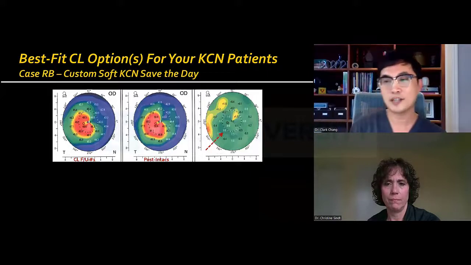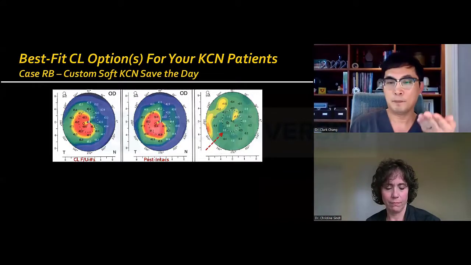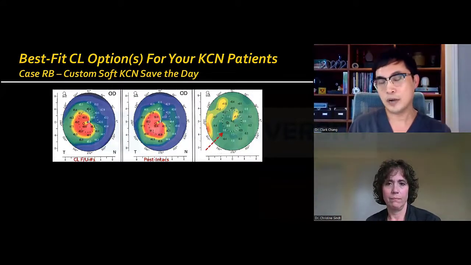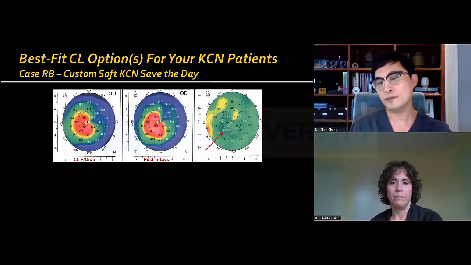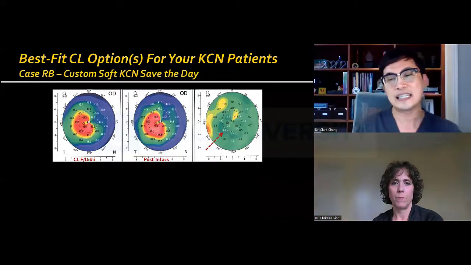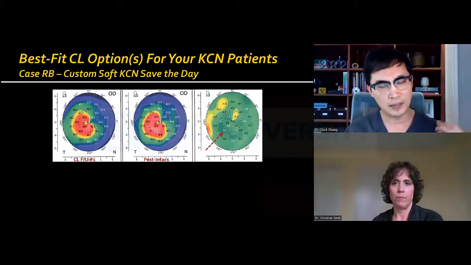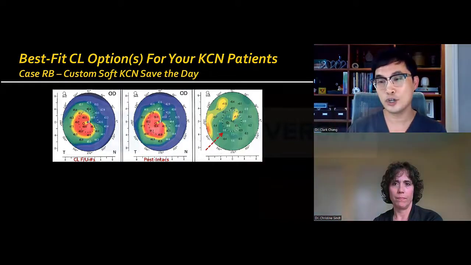And if I compare the topography prior to soft lens, prior to custom soft lens fitting, right after the Intacs in the middle, and then when he came back wearing during that visit, after 4 to 6 hours of wearing the Novacone lens, I can see that there's an area relatively close to the central area, where my arrow is pointing, that has some amount of flattening.